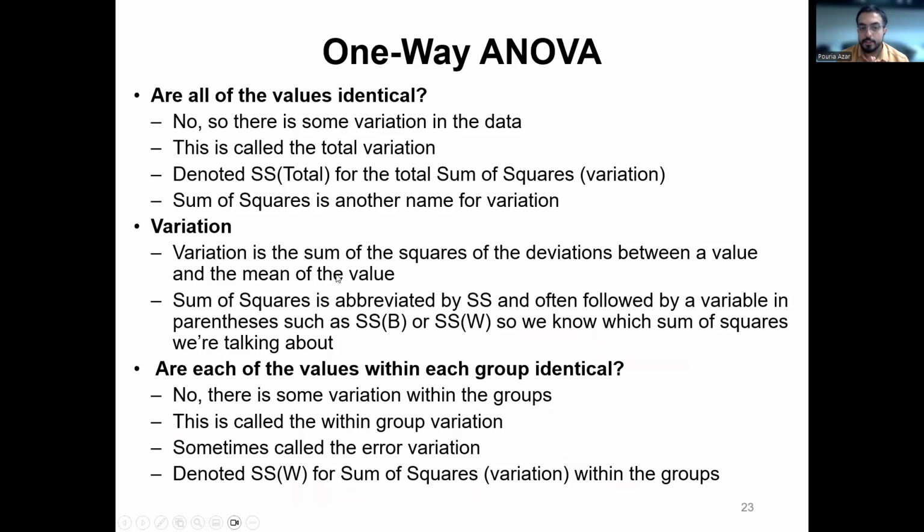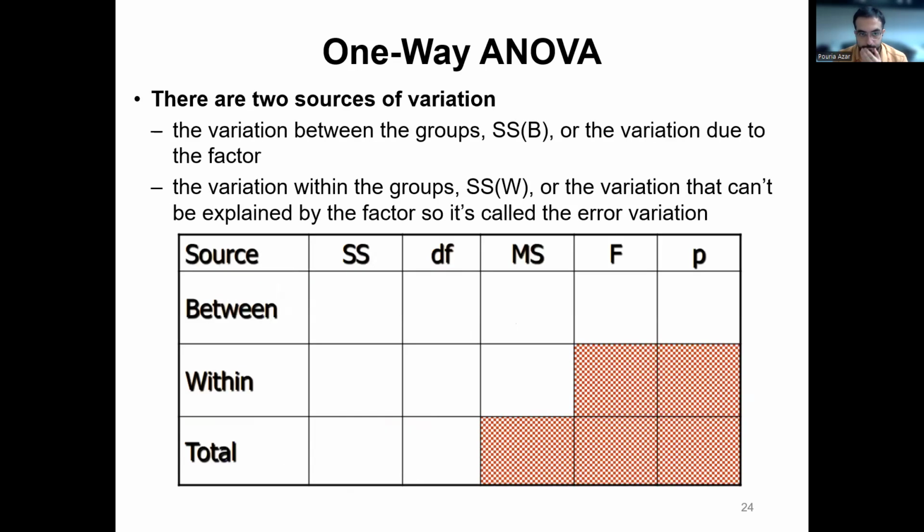So are each of the values within each group identical? No, there is some variation within the groups. That is called the within group variation, or sometimes called the error variation. And we use SSW to represent that variation, or sum of squares within the groups.